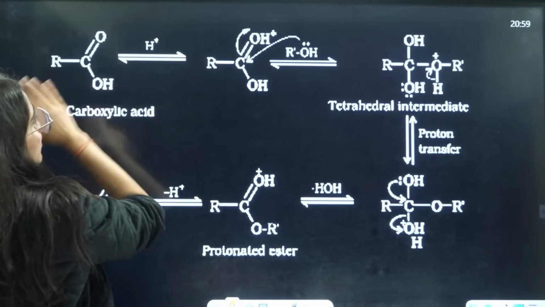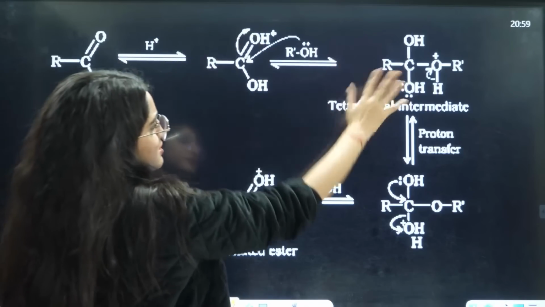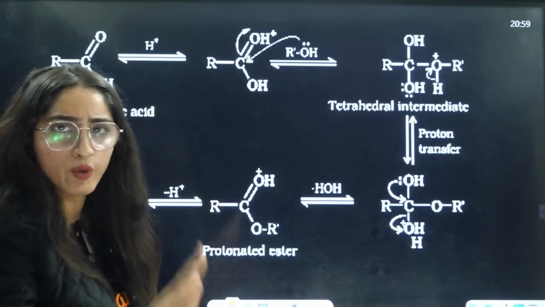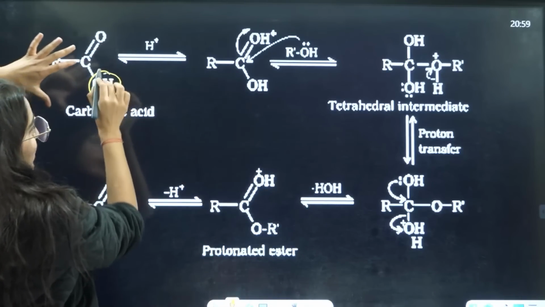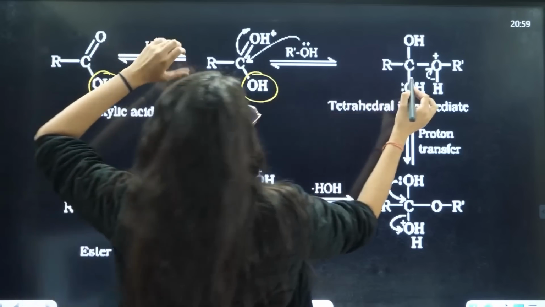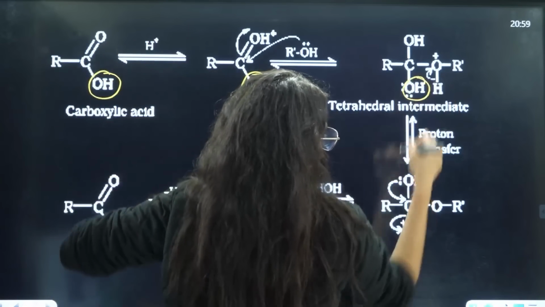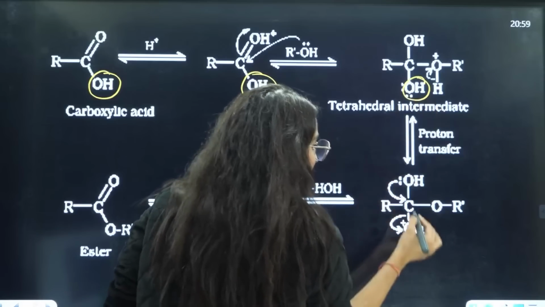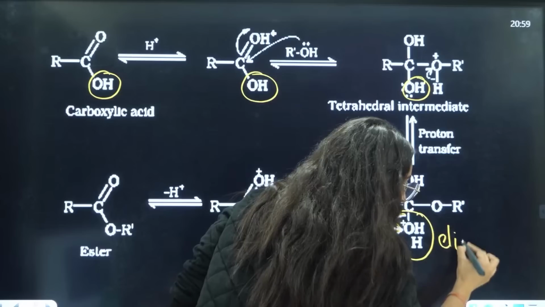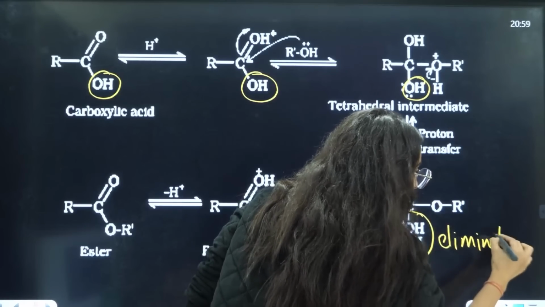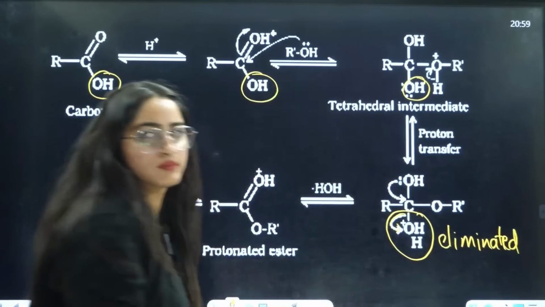Firstly, we know that H positive will attack here, this will shift here, and so on. What you need to focus on is here: this is your OH, this is the OH, this is the OH. Now, on this place, this OH is eliminated. That is why I showed you the mechanism.